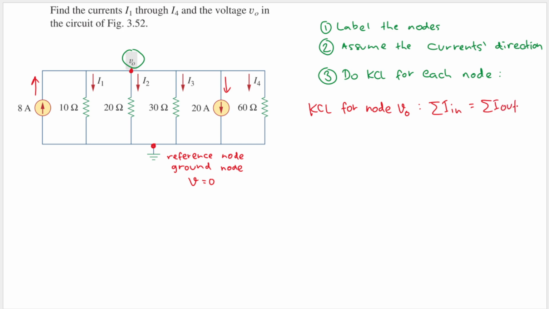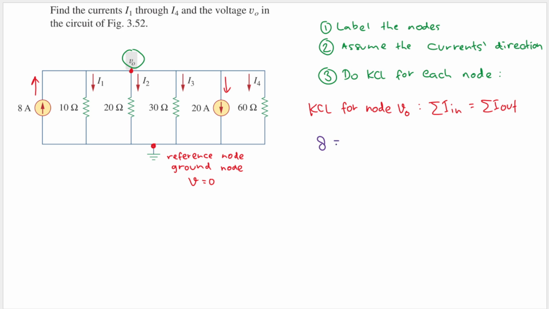Let's see what current goes into node V0. The only current that goes in is this 8 ampere. All the other currents, I1, I2, I3, this 20 ampere, and I4, are going out.